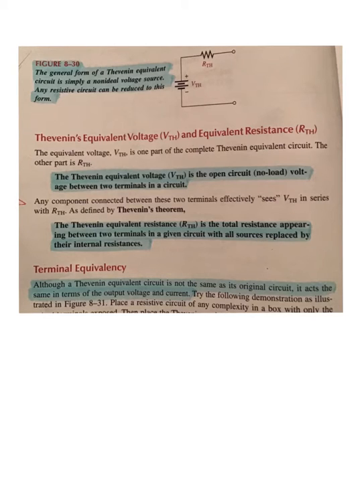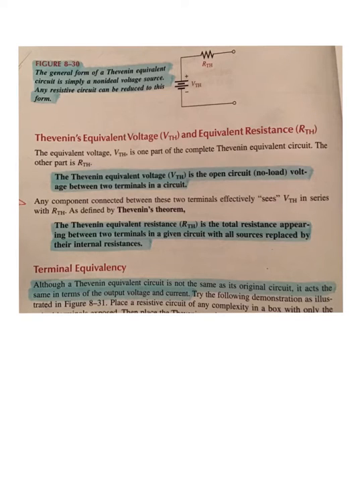So the second bold statement there says the Thevenin equivalent resistance, R Thevenin, is the total resistance appearing between the two terminals in a given circuit with all the sources replaced by their internal resistances.